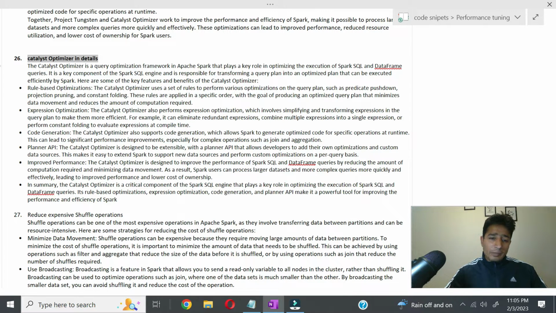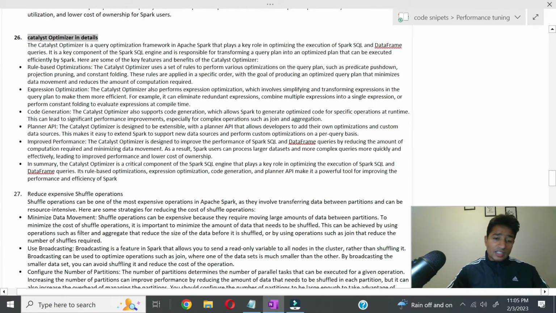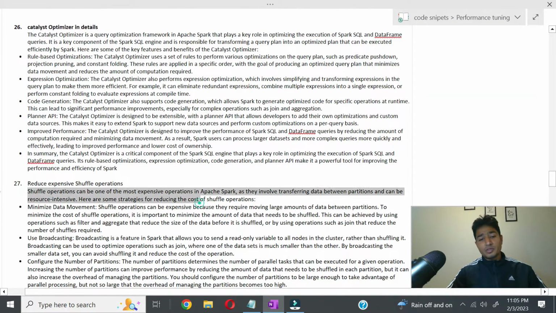So what will the Planner API do? It will allow developers to add their own optimization techniques. It will improve the performance of SQL and DataFrames by reducing the amount of computation required and minimizing data movement. So in summary, Catalyst Optimizer is a critical component of the Spark SQL engine and plays a key role in optimizing the execution of Spark SQL.